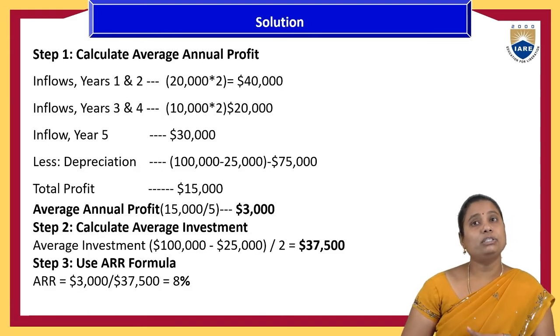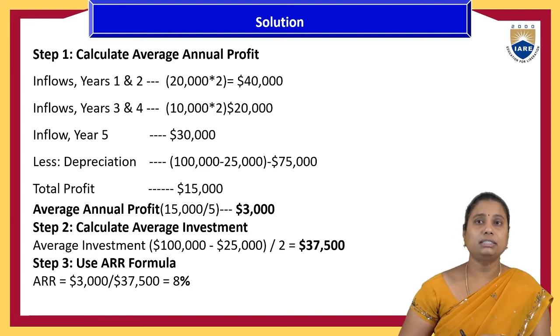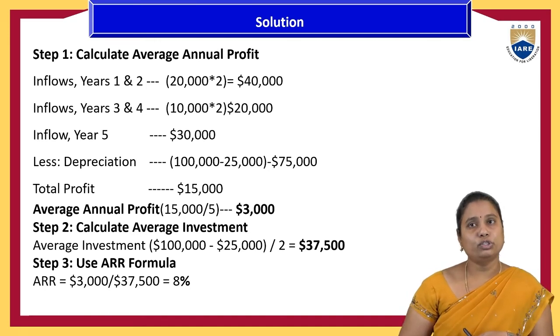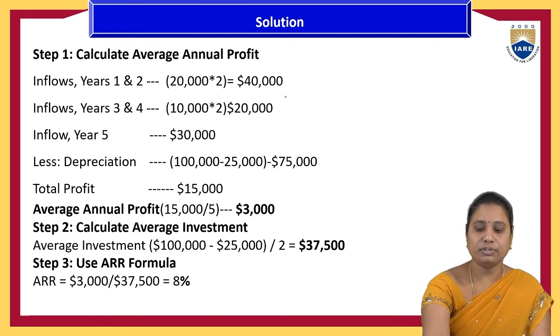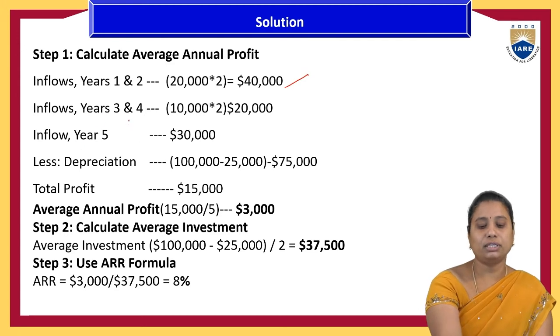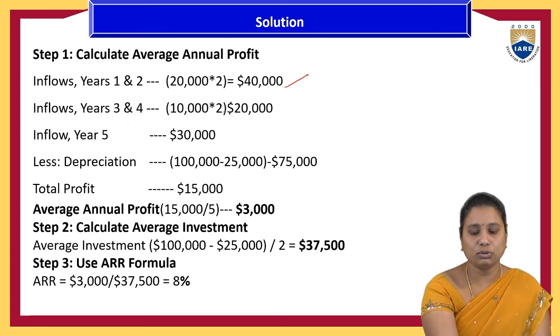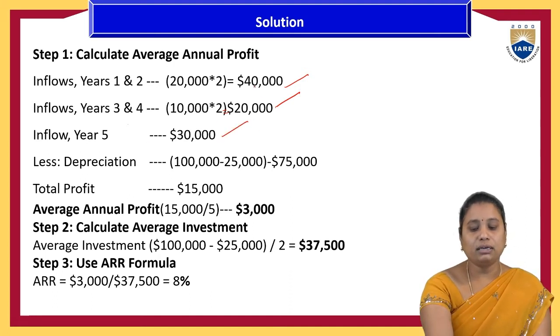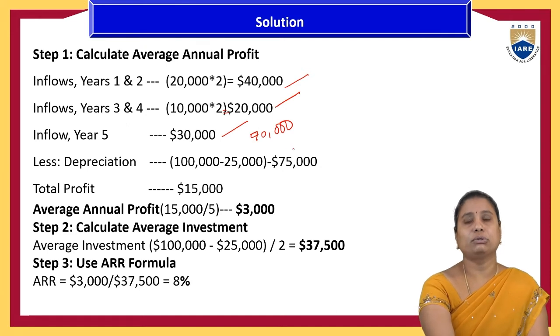Here, the cash inflows are not common; they are changing. For the first and second years, they get 20,000 annually, so 40,000 for the 2 years. In the third and fourth years, 10,000 each year means 20,000, and the fifth year 30,000, so in total they get 90,000. Out of this, we subtract the depreciation amount.